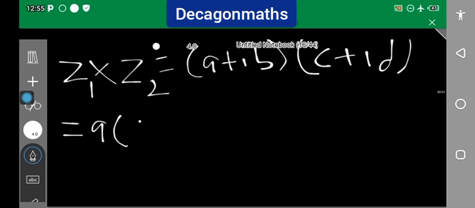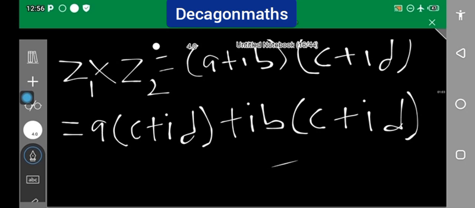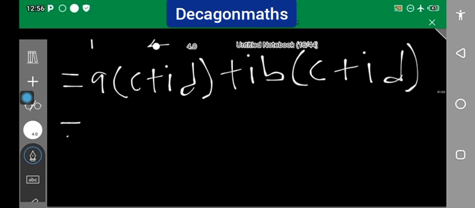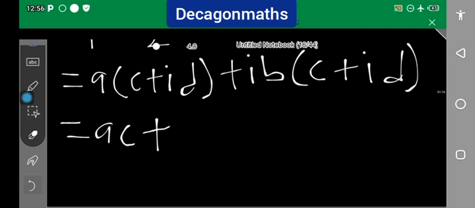So this becomes A into bracket C plus iD, plus iB into bracket C plus iD. Now A multiplied by C gives AC, while A multiplied by iD gives plus iAD.